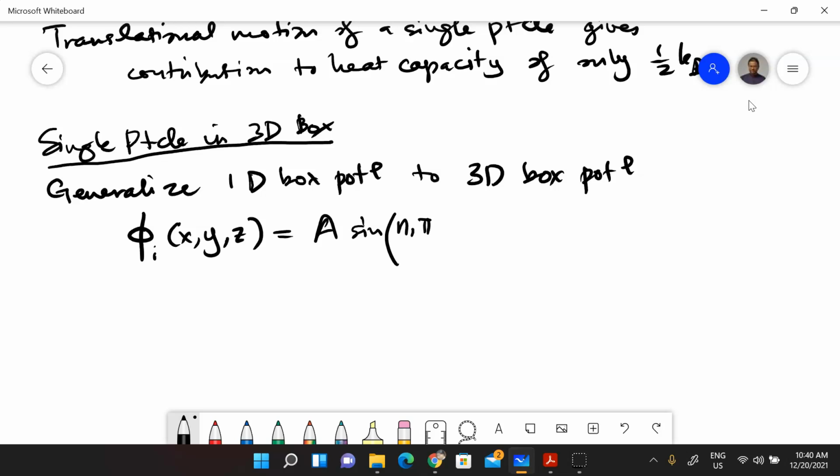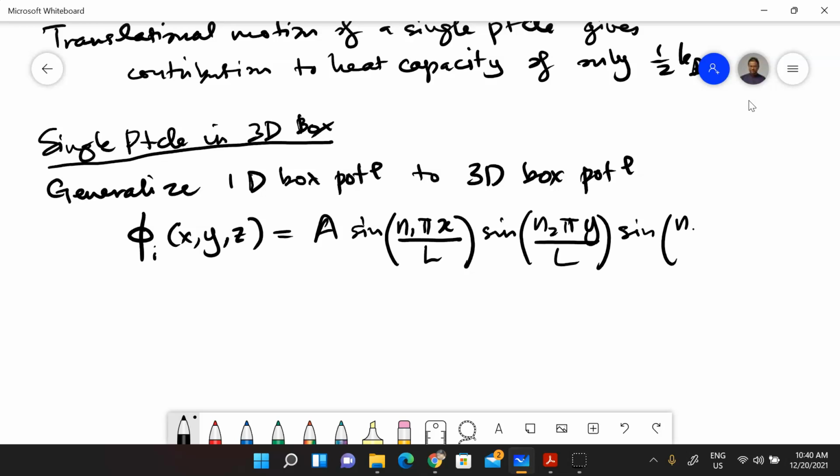Now each variable will have its own integer, so there will be many different configurations possible coming from your integers n1, n2, and n3.